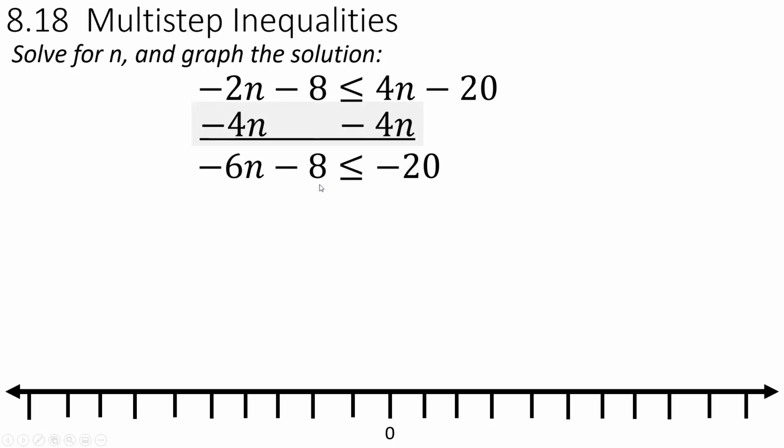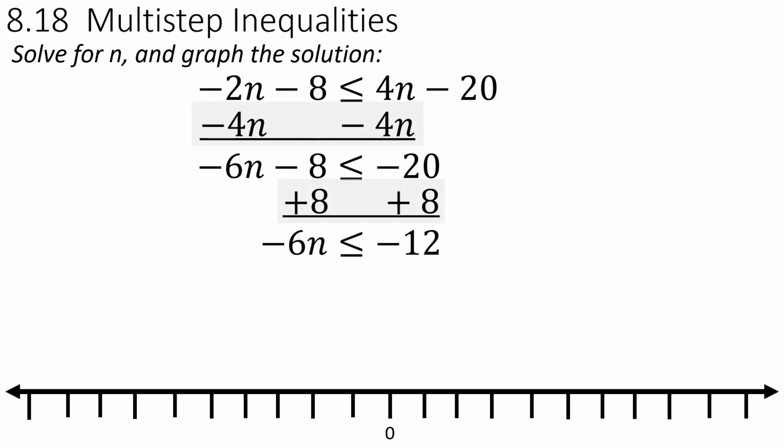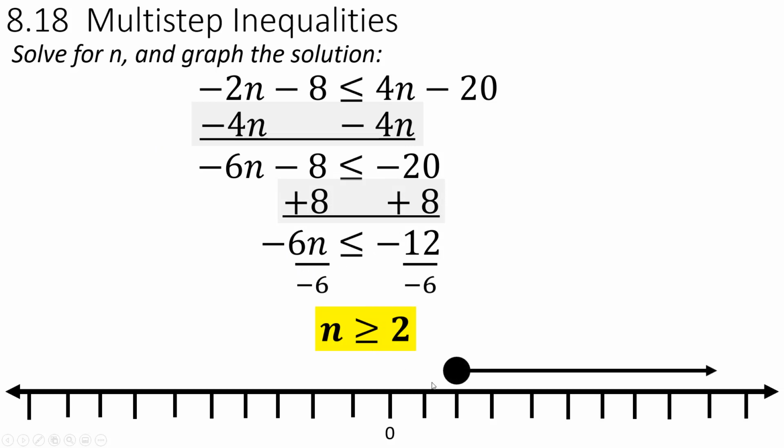The minus 8 drops, the negative 20 drops. Now I'm going to add 8 to both sides. And now hopefully it's looking more familiar. Now this coefficient is negative, so when dividing out a negative 6, the inequality sign reverses. And that's going to be a solid dot going to the right.